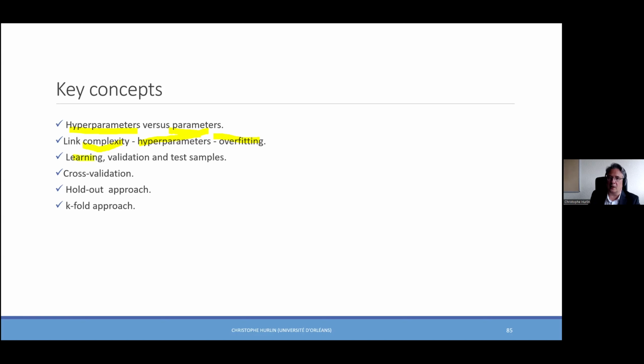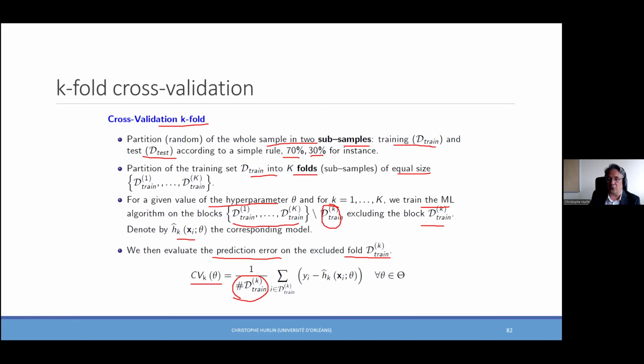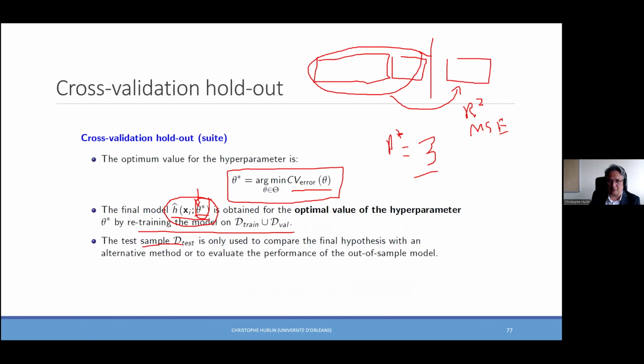You have a training, sorry, this is not learning but training, validation, and test sample. The cross-validation is for determining the optimal hyperparameters, and two well-known methods are holdout and the K-fold approach.